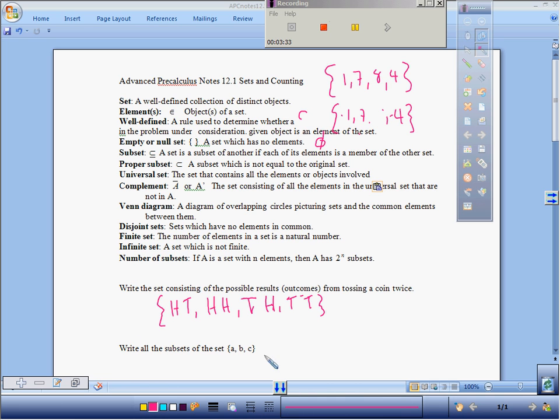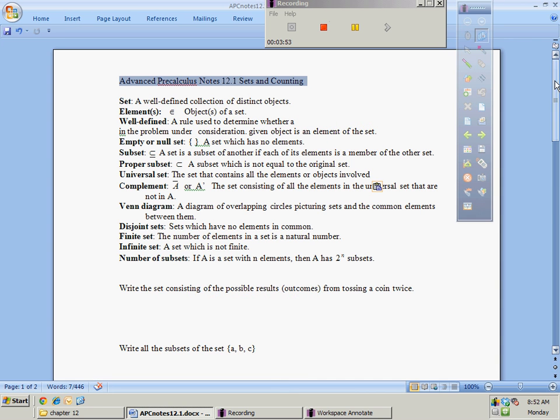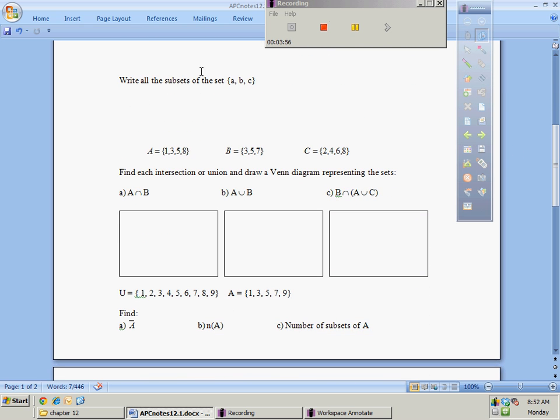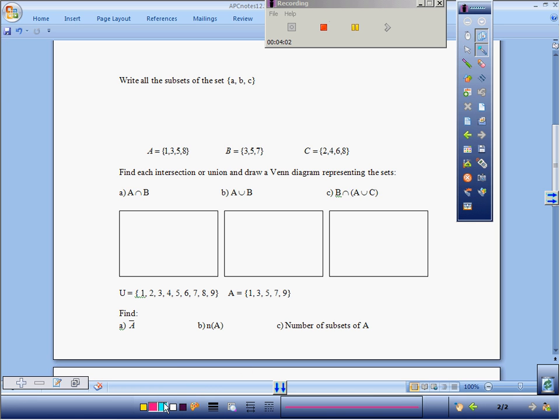Write all the subsets of the set A, B, and C. One subset would actually be A, B, C. I'm not very good at drawing these little bracket things.